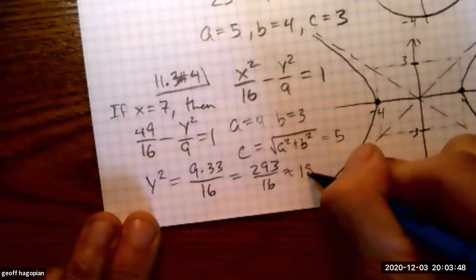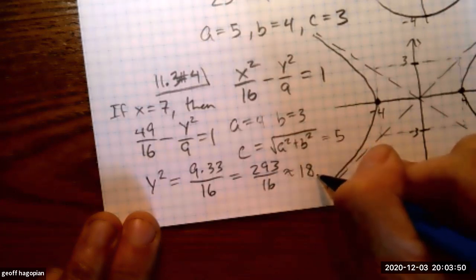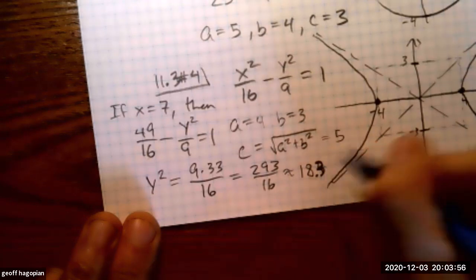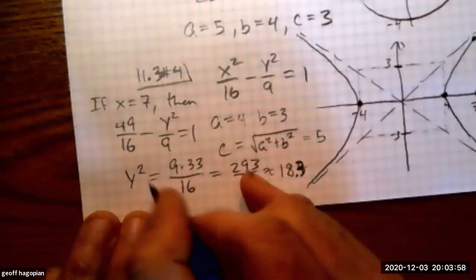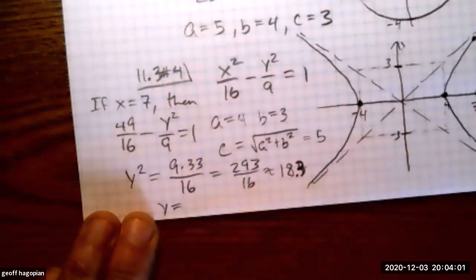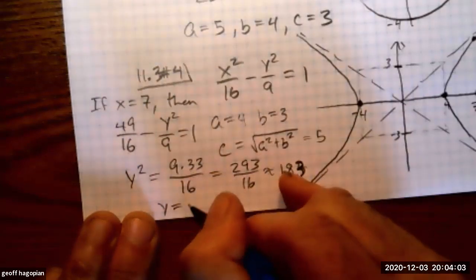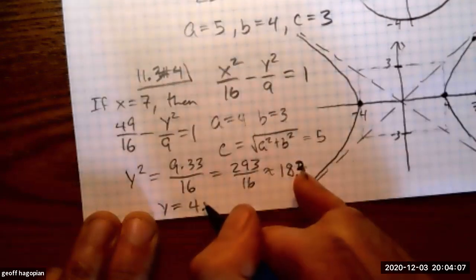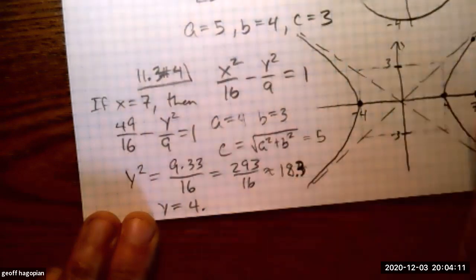About 18.3. That's going to be y squared. So y is the square root of 18.3, which is going to be 4 point something. Let's say 4.2 or something like that.